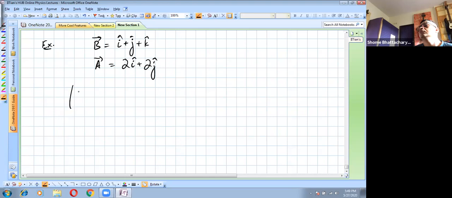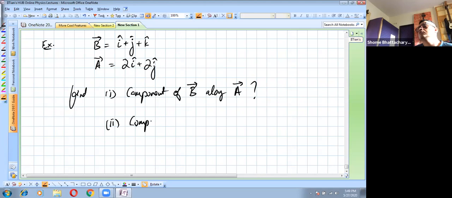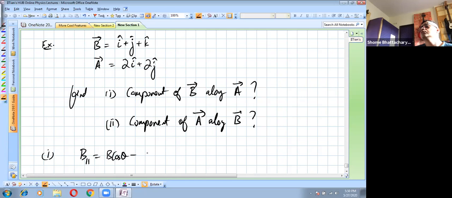Now I ask, find the component of the vector B along the vector A, and I also ask for the component of vector A along the vector B. So how to do this now? The first part, B's component parallel to A, is nothing but B cos theta. So it is nothing but A dot B divided by mod A. Now just work this out.